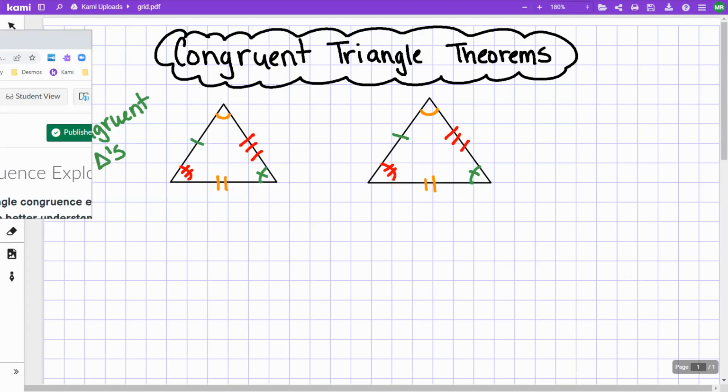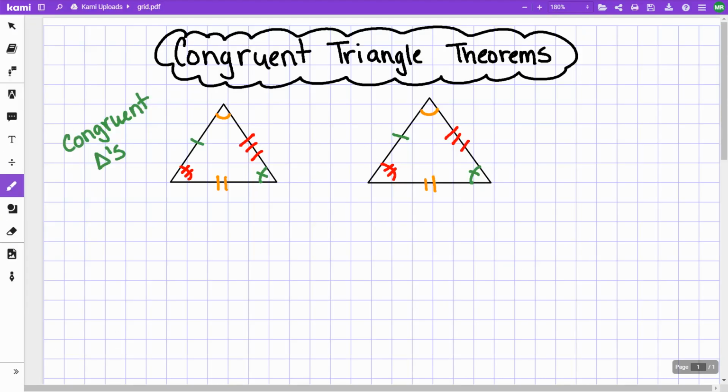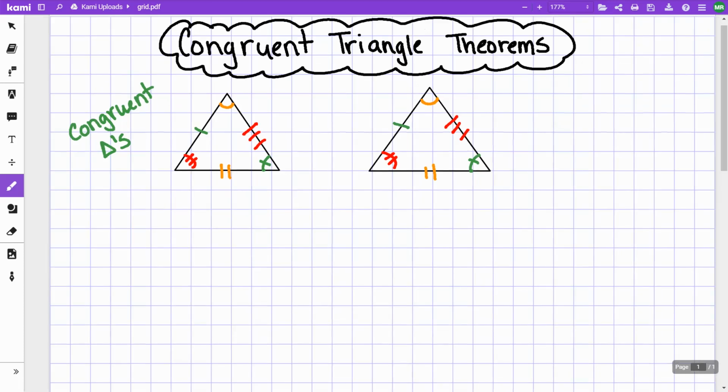So let's add this onto our paper. The first one we're going to add is going to be side, side, side congruence.